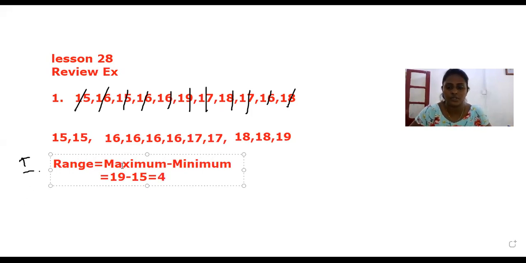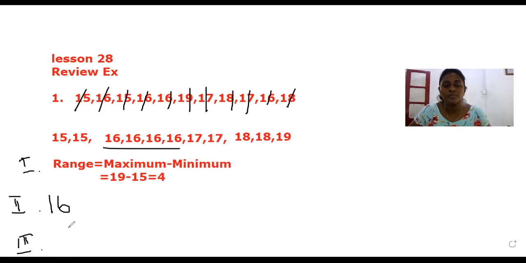Then Roman number 2 is asking the mode. Mode is the number which is repeated many times. Here 16 repeats 4 times, so mode is 16.